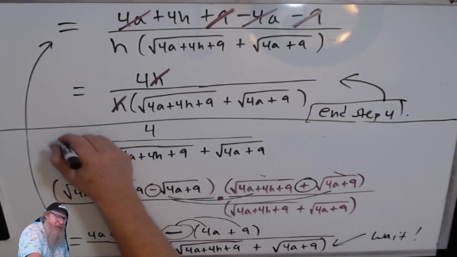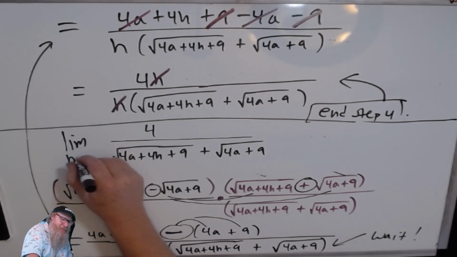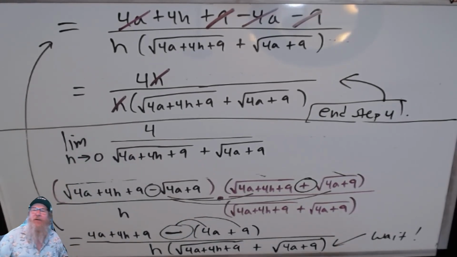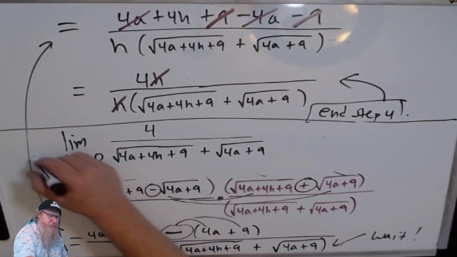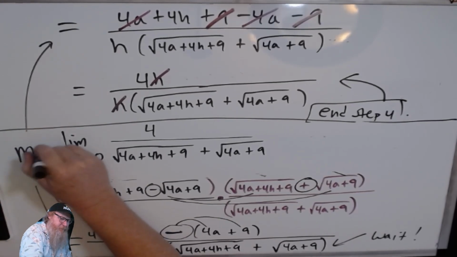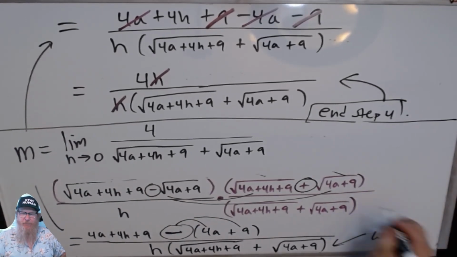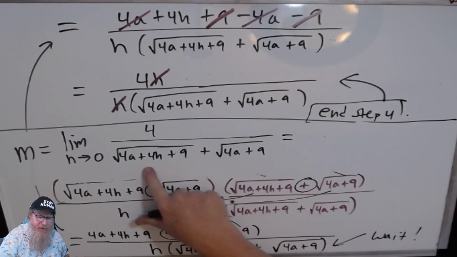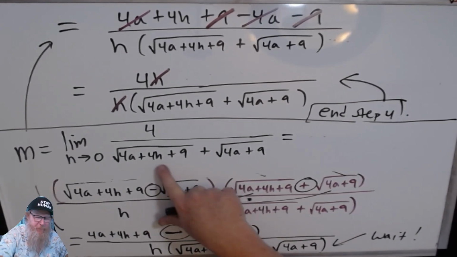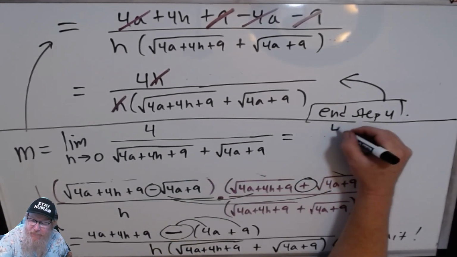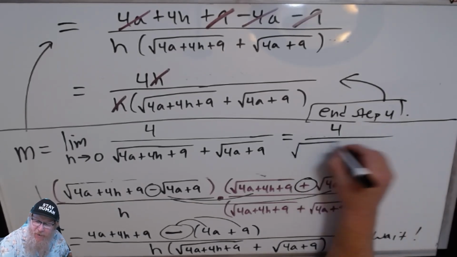So now for step 5, take the limit as h goes to 0. And that will give you your slope. Notice by doing all of that work, when we plug in 0, it's not a problem anymore.